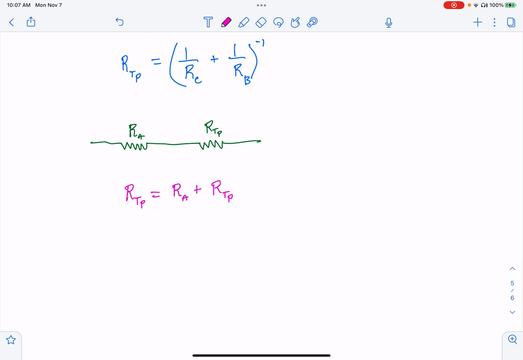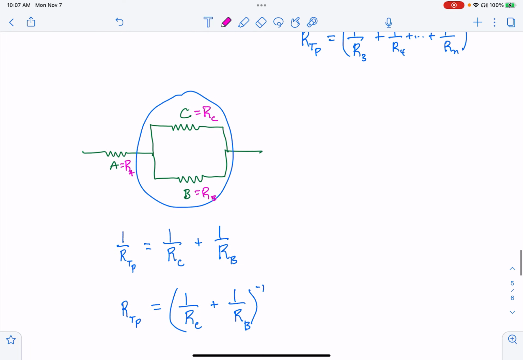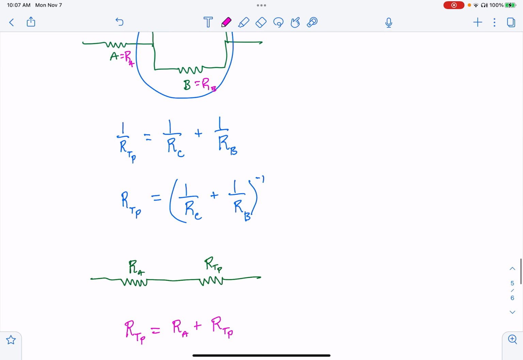Of course, we can do this in Microsoft Excel, or we could just do this right here. So the first thing, let us look at the parallel configuration.